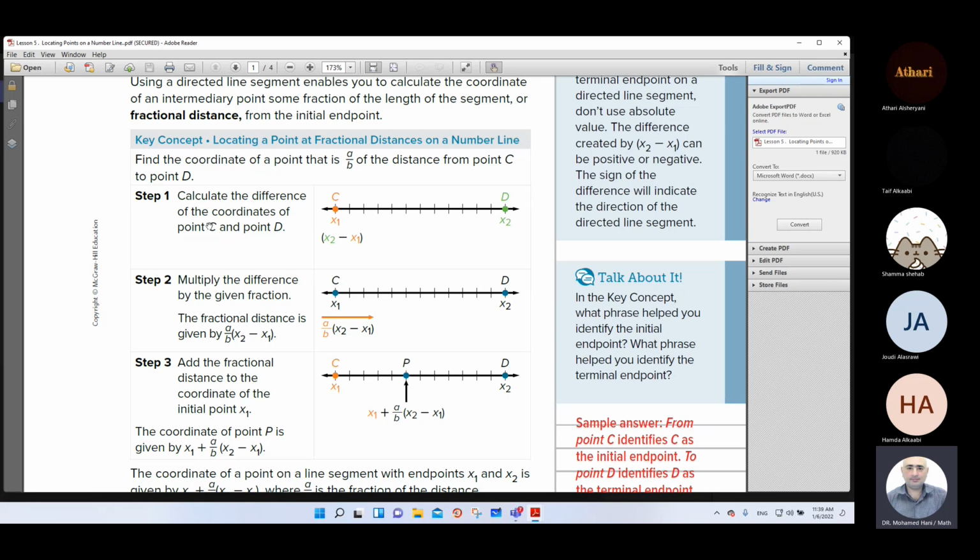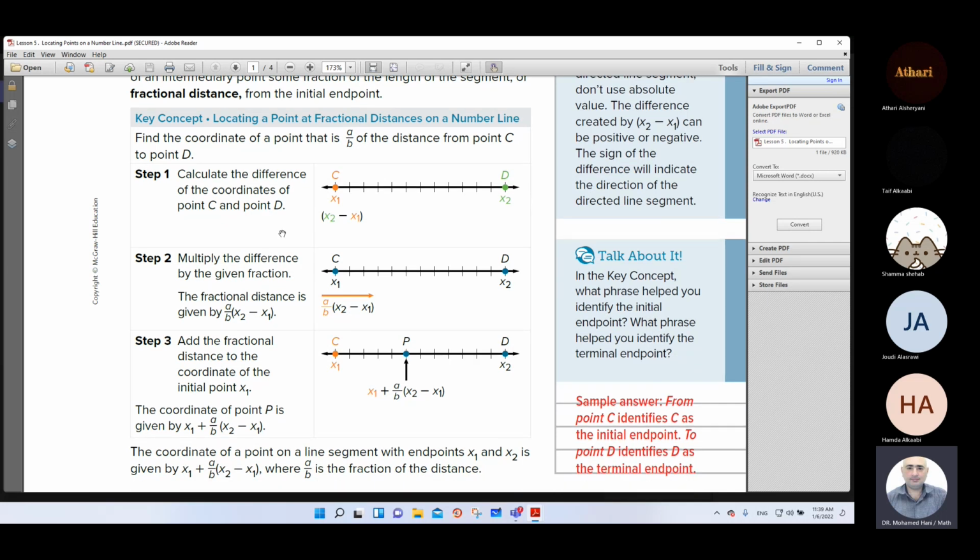Calculate the difference of the coordinates of point C and point D. C means x1 and D means x2. How to find the distance? x2 minus x1.